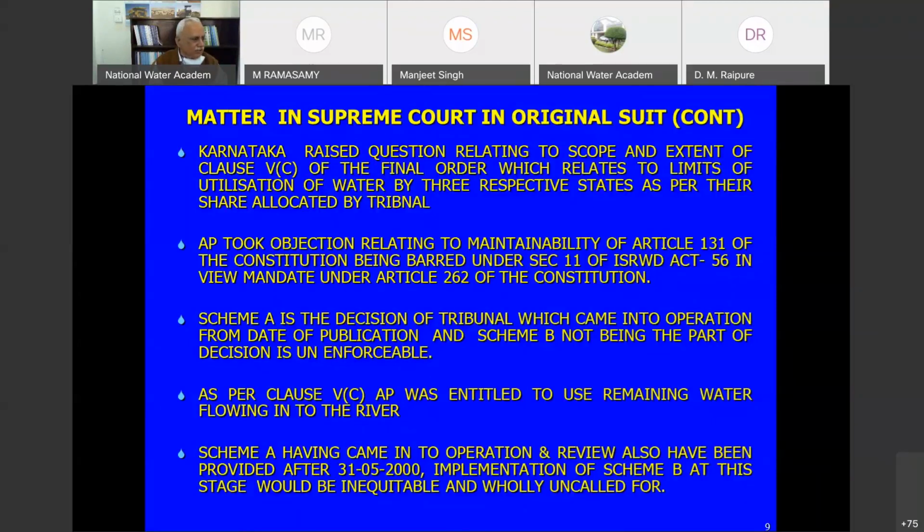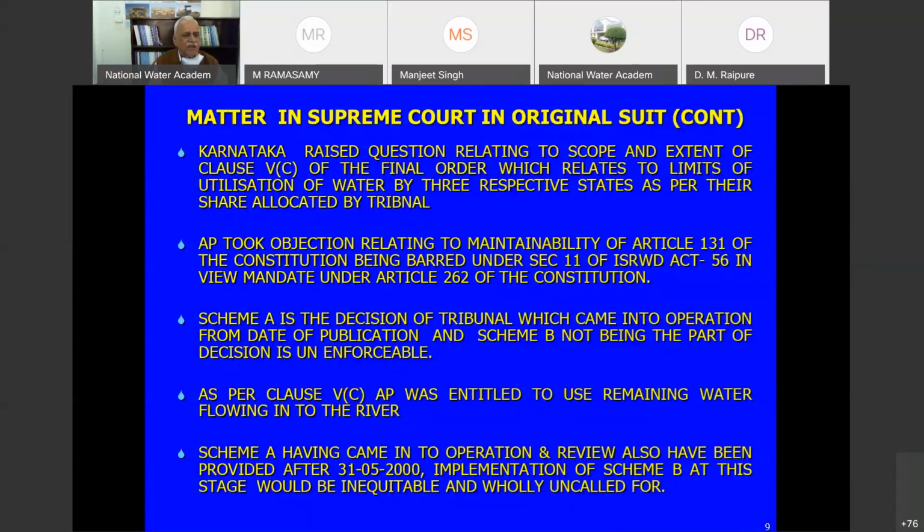As per clause 5C, Andhra Pradesh was entitled to use remaining water flowing into the river. In my last lecture, you can recall that Andhra Pradesh has been permitted surplus water, but right was not given. But here they were claiming that they are entitled to use.